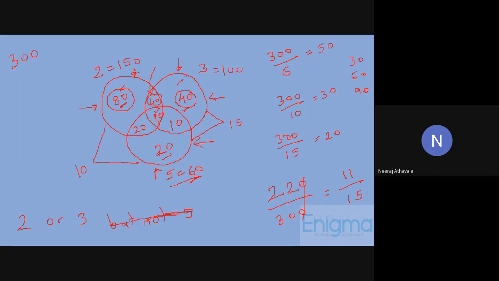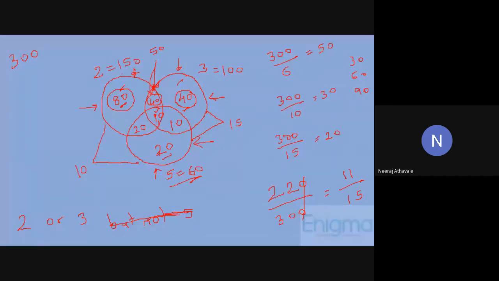How many numbers are divisible by 2 or 3? The answer would be 200. Okay, Akanksha, Siddhant, be careful. Here in the intersection there are 50 people. This part would be common. These 50 people have to be subtracted.